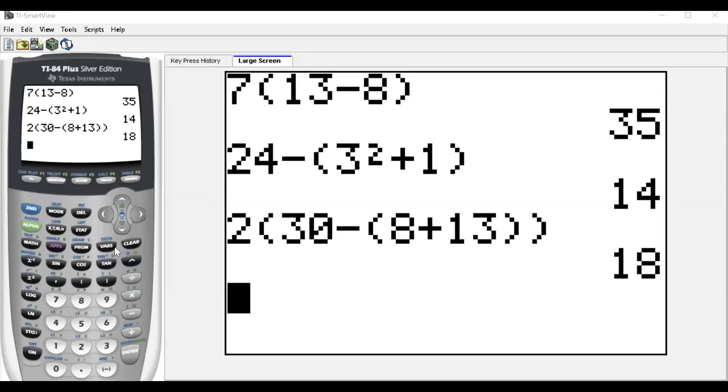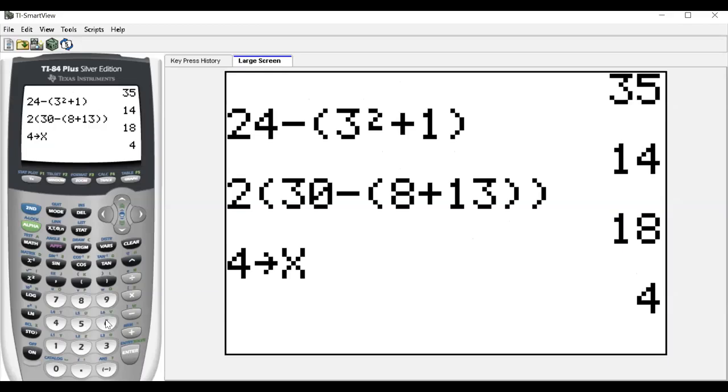So if you remember, our x is supposed to be 4, so we'll do 4 store as x, and now it was 9x over. When you're doing stuff on the bottom, I almost always put the bottom part in parentheses, because otherwise it will do order of operations, and when addition and subtraction get in there, that's just not as good.